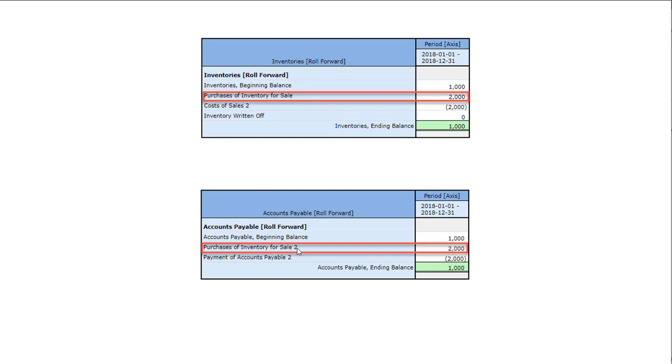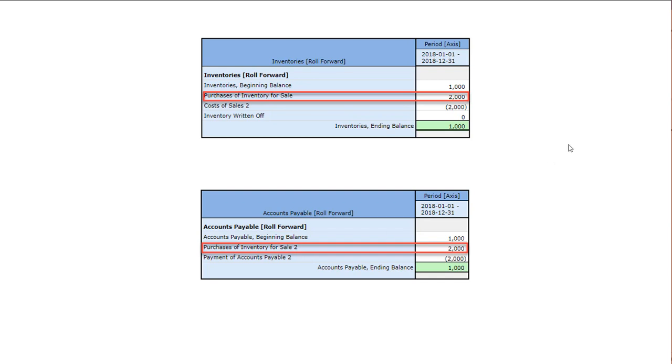The reason for this little 2 is that this is a different transaction code than this, because this is the purchase of inventory for sale that goes through the inventories account, and this is the other side of the transaction, the purchase of inventory for sale that goes through the accounts payable account. So I'm differentiating these 2 line items because people building taxonomies get confused about whether they're putting this in the taxonomy or this in the taxonomy.